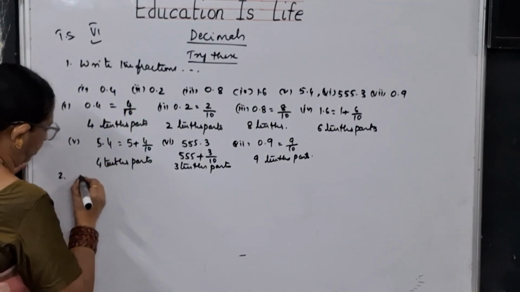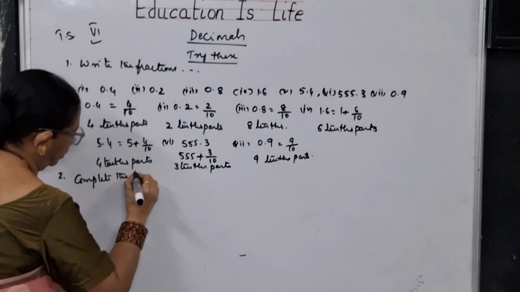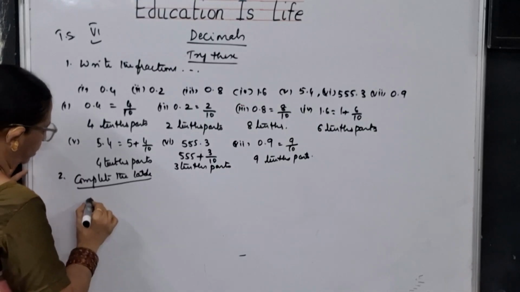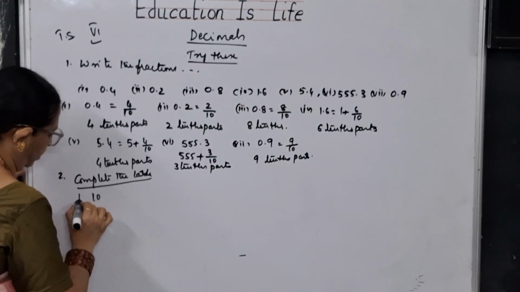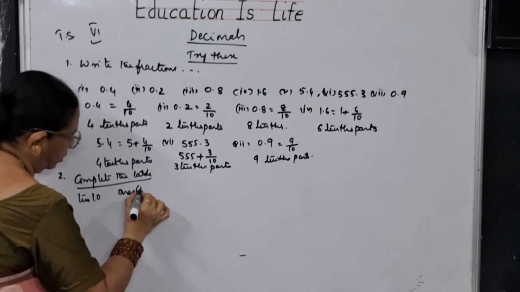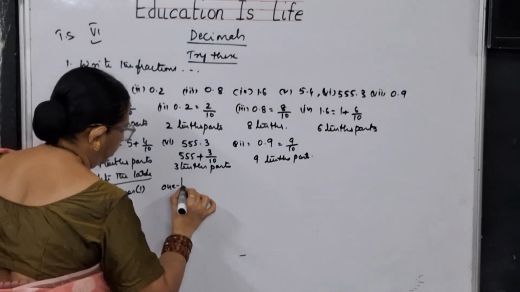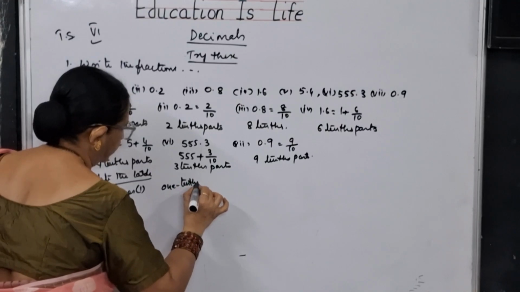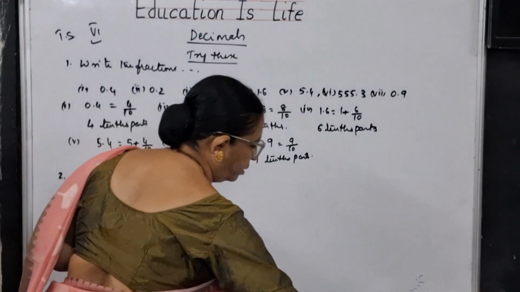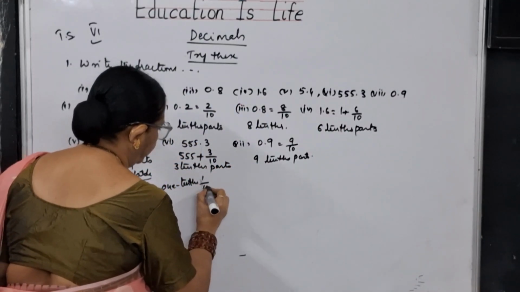And the second one: complete the table. In this, you have the tens place, ones place and 1/10th place. 1/10 means 1 by 10.